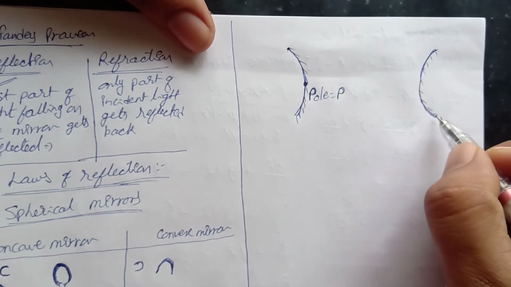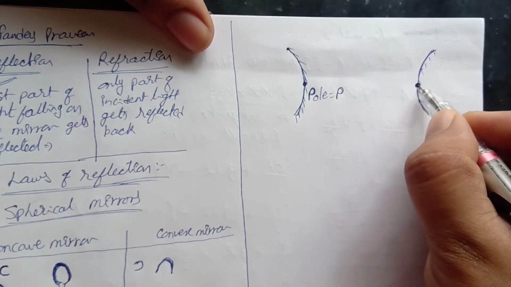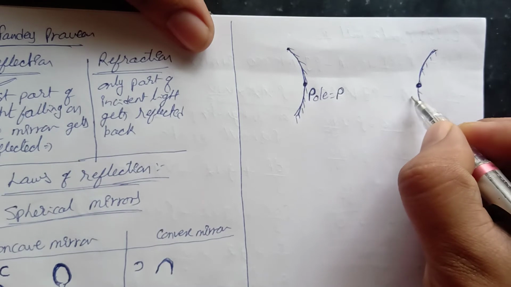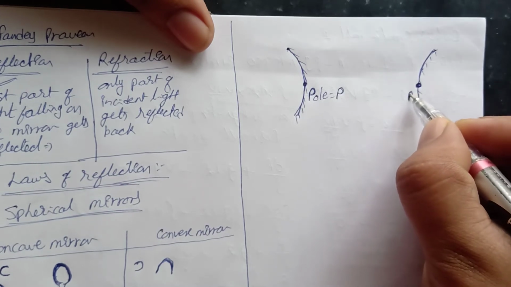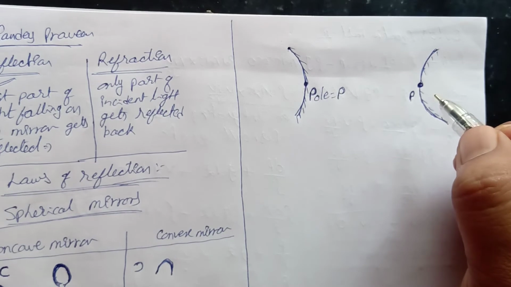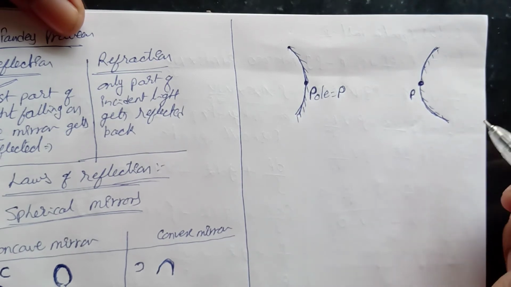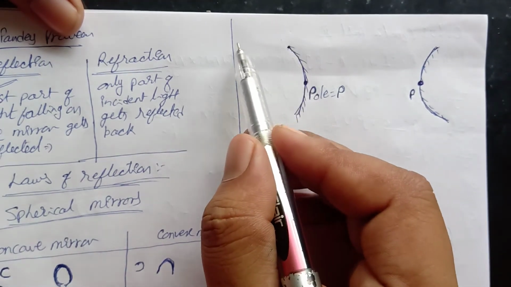The pole lies at the center of the reflecting surface; name it P or pole. Next, see, imagine that this reflecting surface can form a sphere. Now see here, this also can form a sphere.